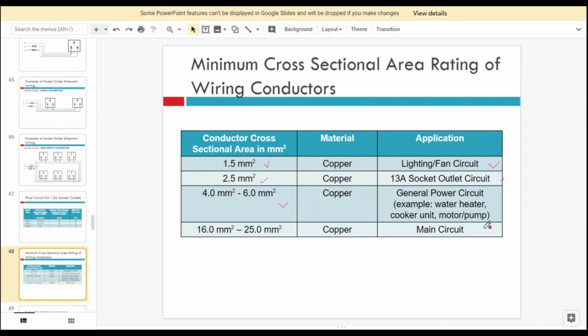And if we have the main circuit, from after the meter, entering the distribution board, the DB, we have the main circuits, then the conductor cable sizing is around 16 to 25 square millimeters.